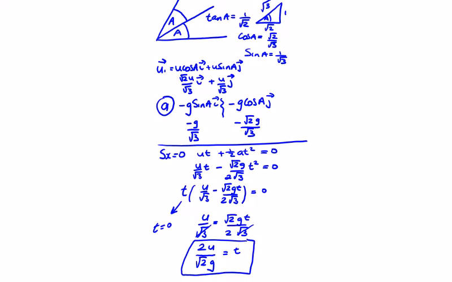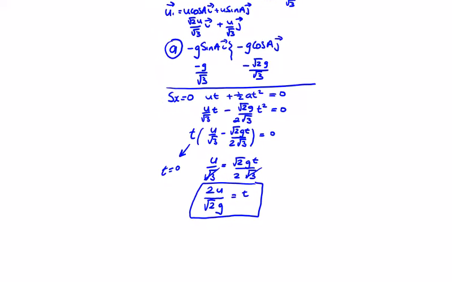So let's get the velocity in x and the velocity in y. Velocity in x, u plus at. We're going to have root 2u over root 3, my initial velocity in x up here, and then minus, so it's basically plus the acceleration, which is in the i direction, minus g over root 3 times t, which is 2u from above over root 2 g.